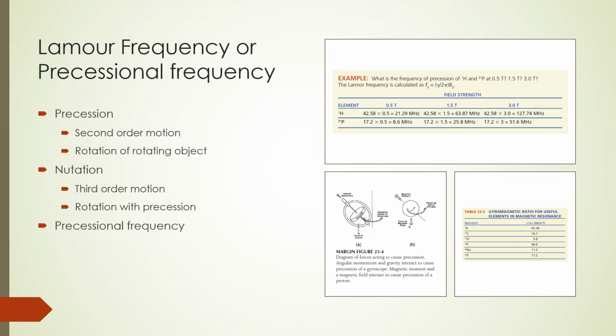When the frequency in the applied radio frequency pulse matches the precessional frequency of the proton, there is resonance. That is where the term magnetic resonance spectroscopy or magnetic resonance imaging comes from. Currently, the precessional frequency used in MRI systems is that of hydrogen.